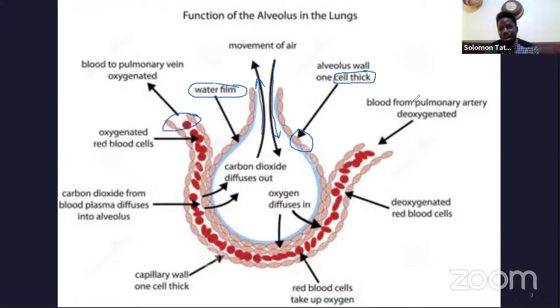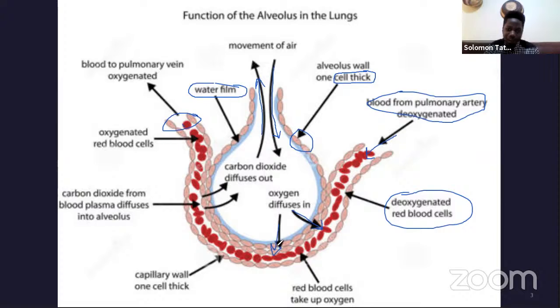Then we have the blood from the pulmonary artery. It is coming from the heart, so we have deoxygenated blood, or deoxygenated red blood cells, coming in through the pulmonary artery. These capillaries are passing via the alveoli, and as they pass, oxygen diffuses through so that the red blood cells can become oxygenated.